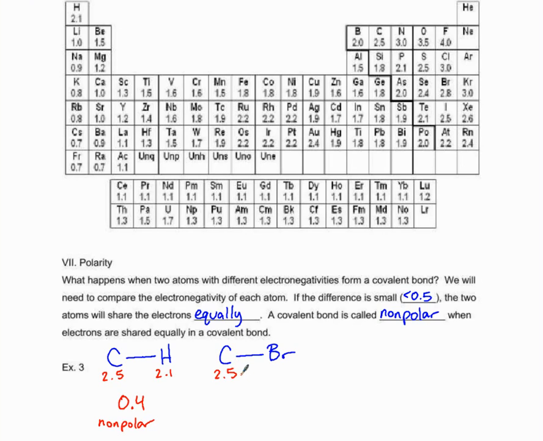And then we find bromine. Bromine is here and has a value of 2.8. And the difference between these two numbers is 0.3.